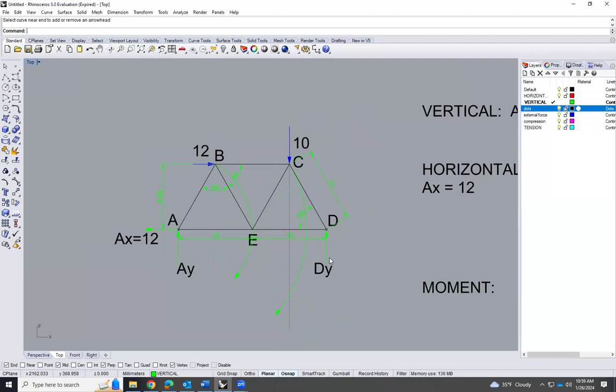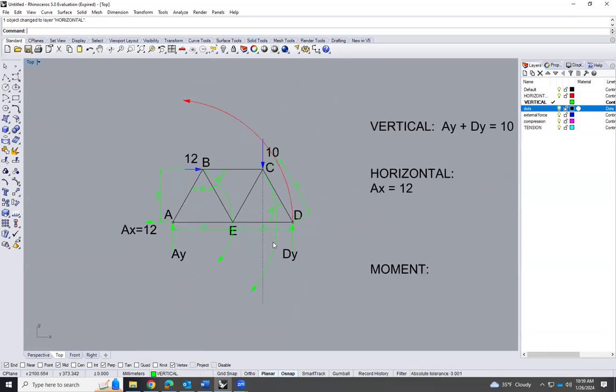What about DY? Okay, so we can draw another arc about this point. What's the effect of D? We move it upwards. So what's the effect of this? It goes counterclockwise. So I'm going to put this in a different color.